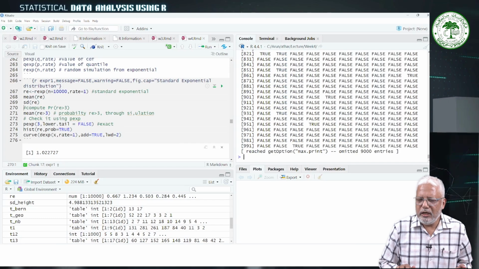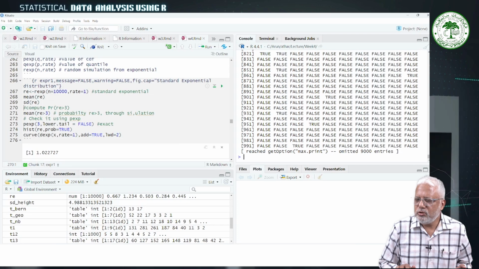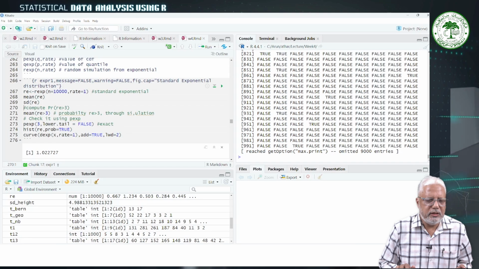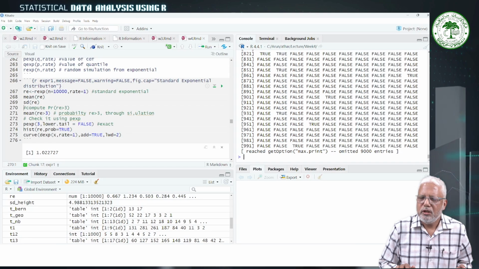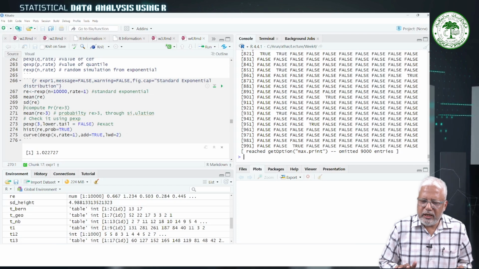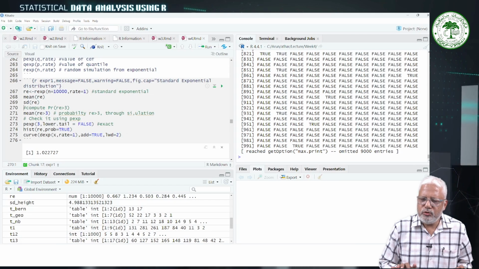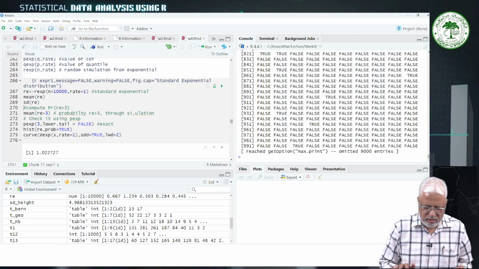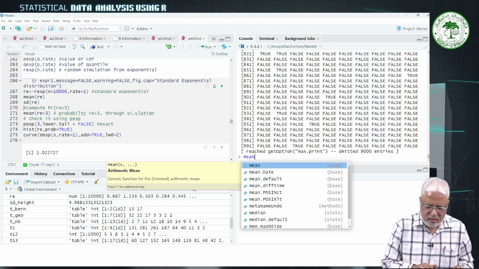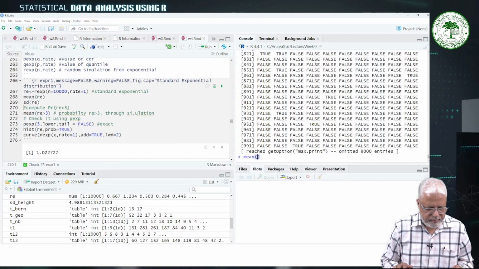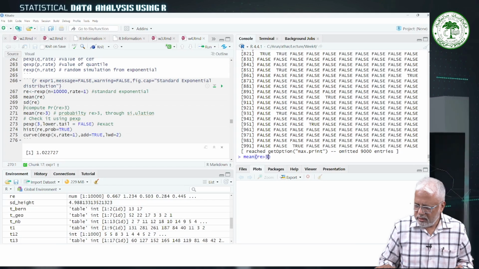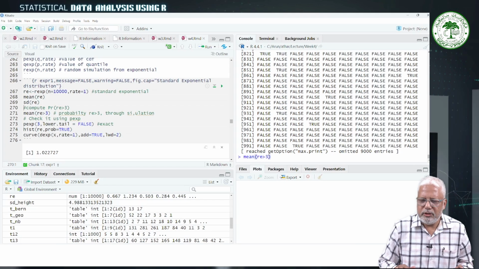So, if r is greater than 3, it returns true, otherwise false, and these are the 1000 observations. That means if we take the mean of these, it will be trues divided by the total. So, mean of r greater than 3 is nothing but probability.